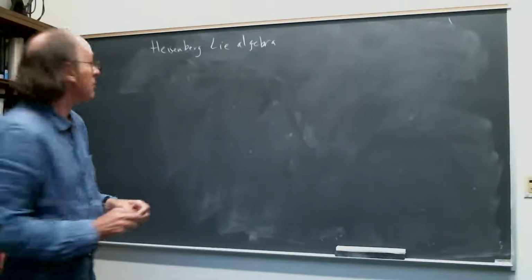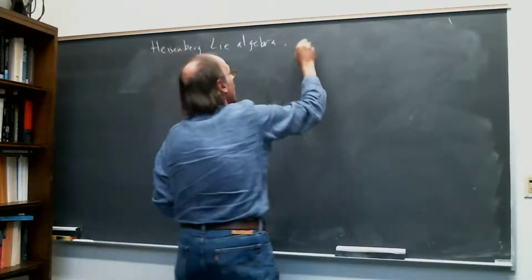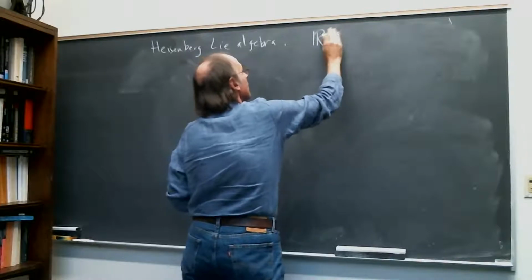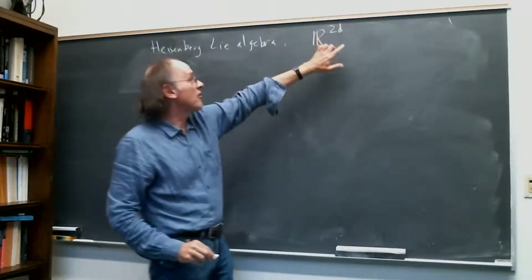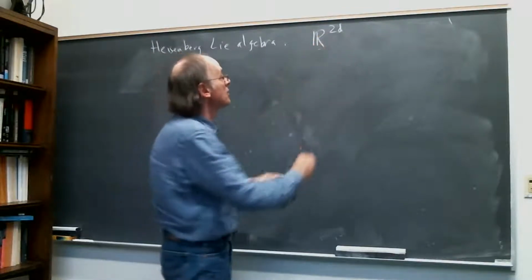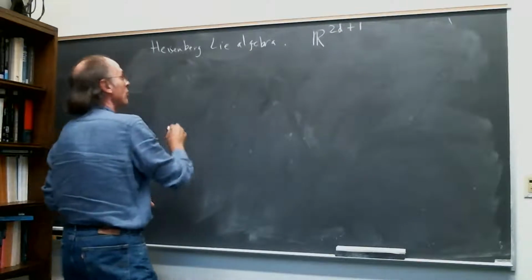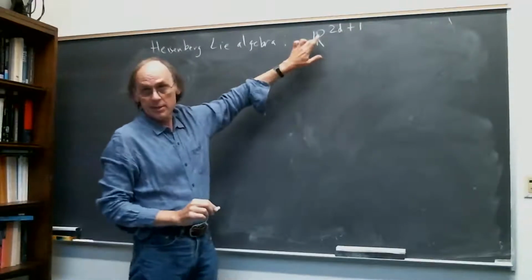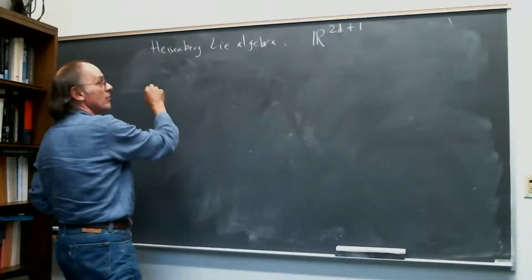It's going to be R^(2D), where D is the number of degrees of freedom, and then there's going to be an extra one.